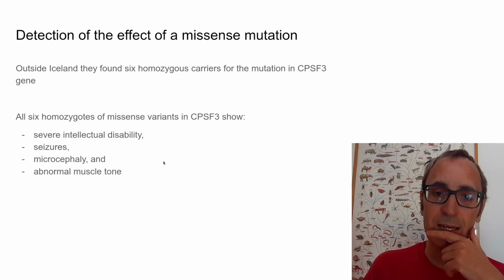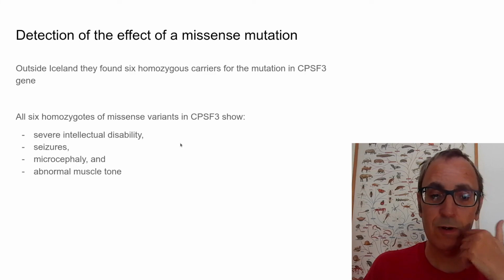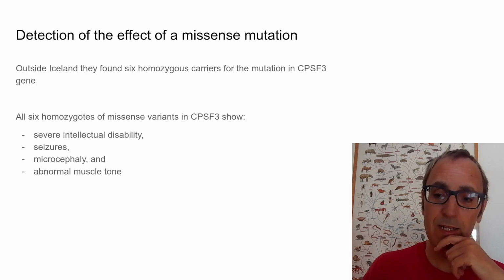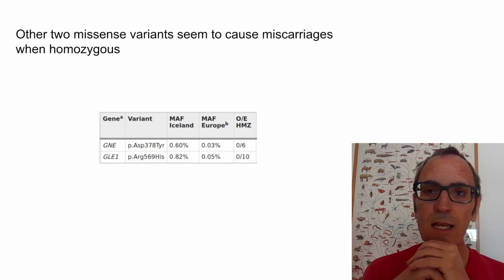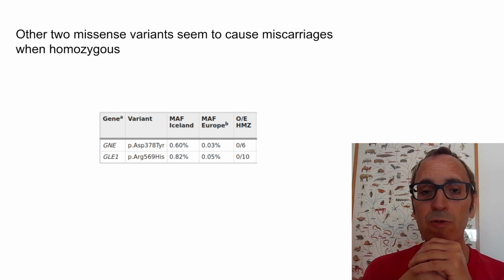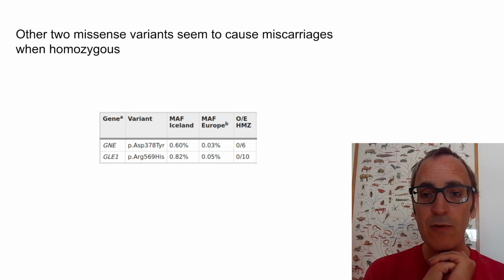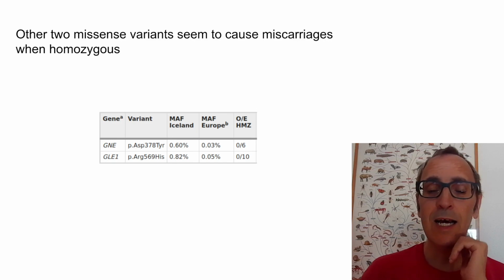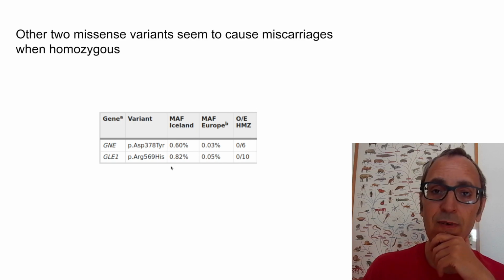So yes, the prediction of Hardy-Weinberg is not met because this is really problematic. And also they found that in other genes in which they had a lack of homozygosity for the minor allele, this allele causes miscarriages.